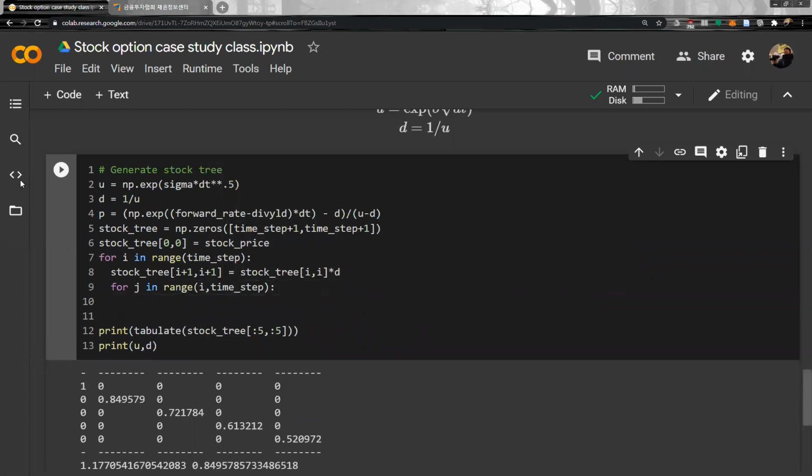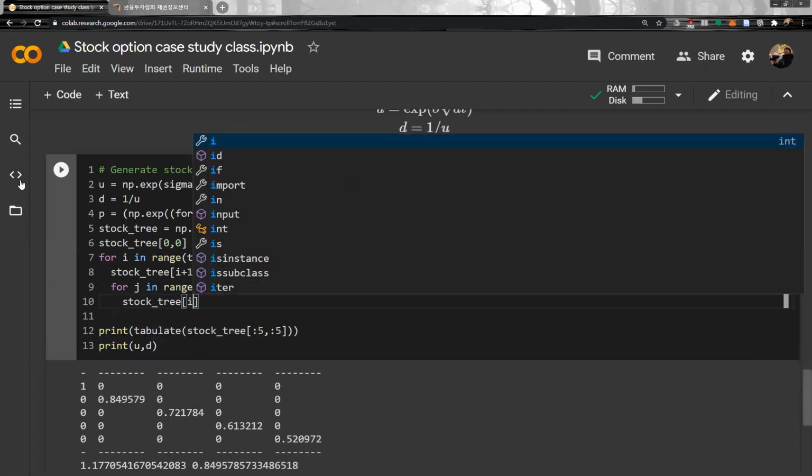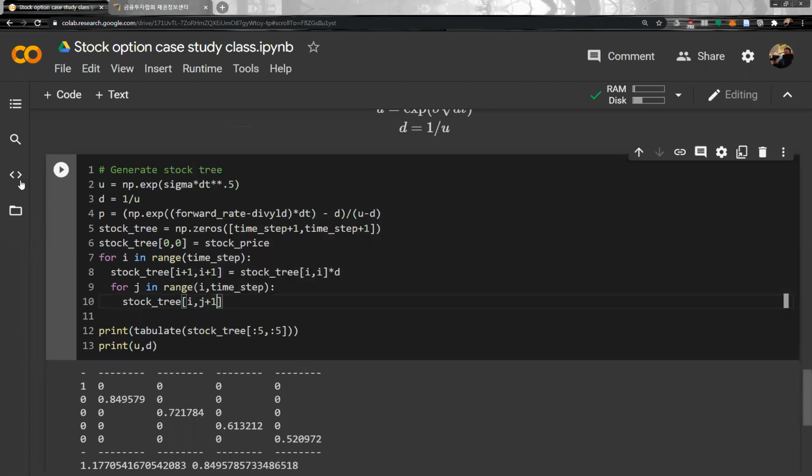Then stock tree I, J plus 1, because it is the next one, is the previous one in the same row multiplied by U. If we do this, this is the up movement, so it looks fine.